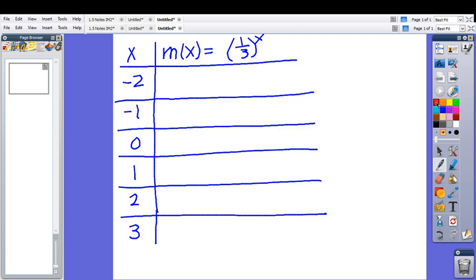So let's do when x is -2, so you do 1/3 to the -2. Right now you cannot do much about it, so what you do is you distribute the power. So 1 will be getting -2 power, 3 will also be getting -2 power. Now they both are negative, so we'll flip our function.